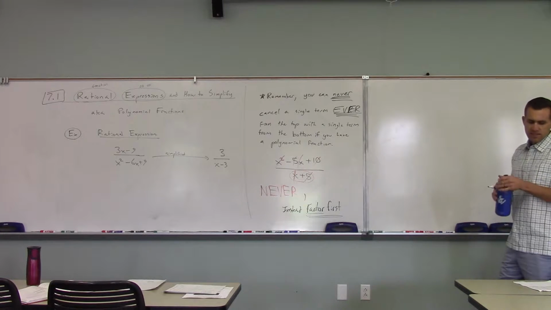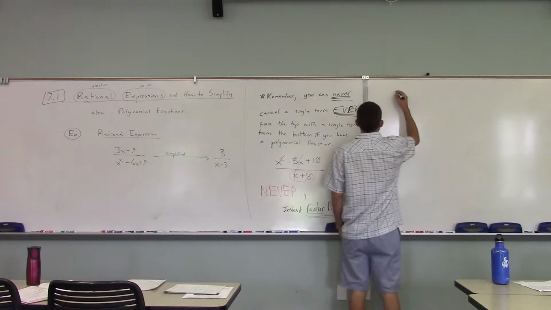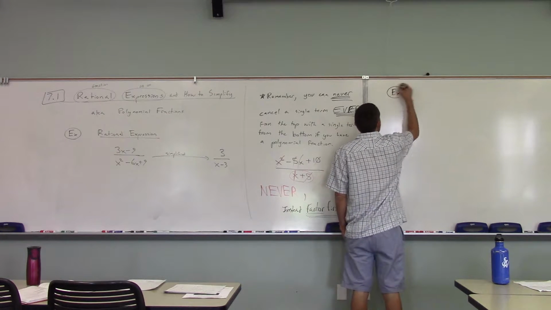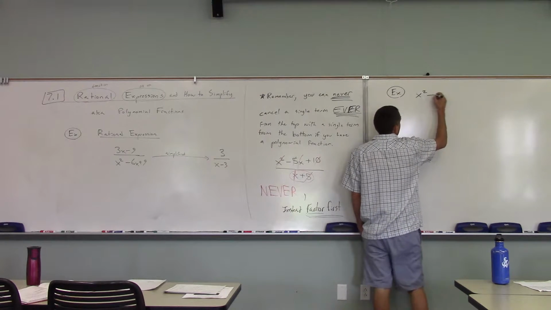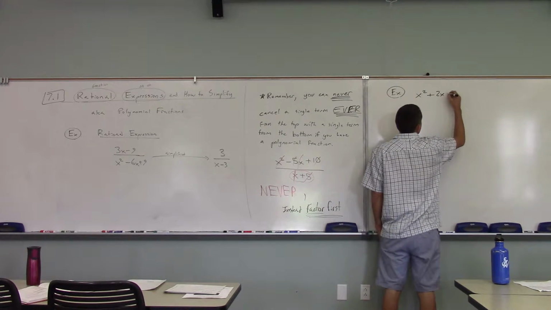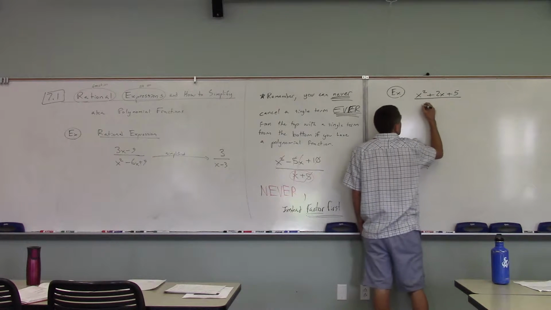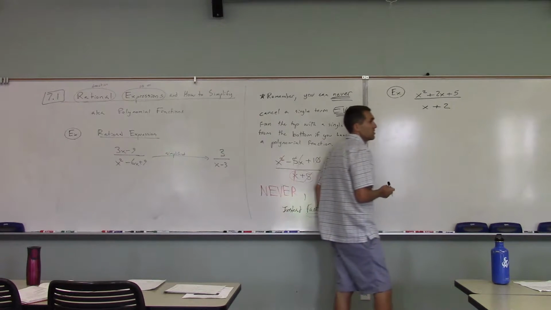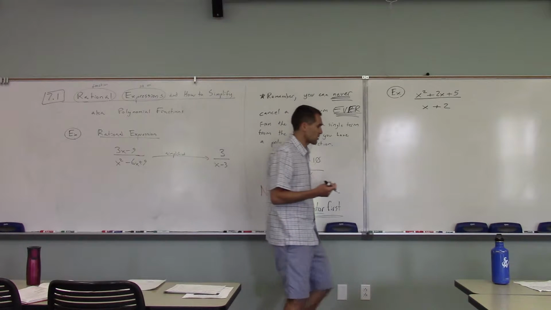Just one more example to show you the ridiculousness of this. What if we have x squared plus 2x plus 5 over, let's say, x plus 2? This is an actual thing I see people do.